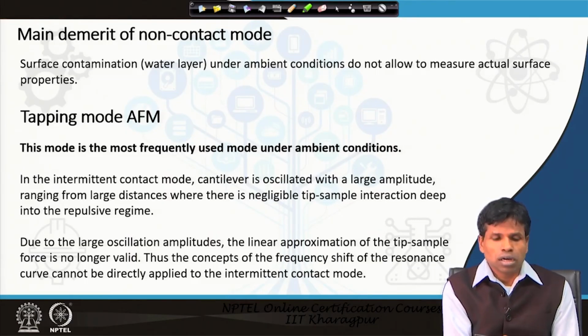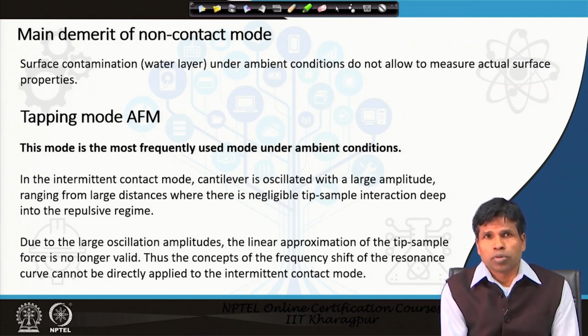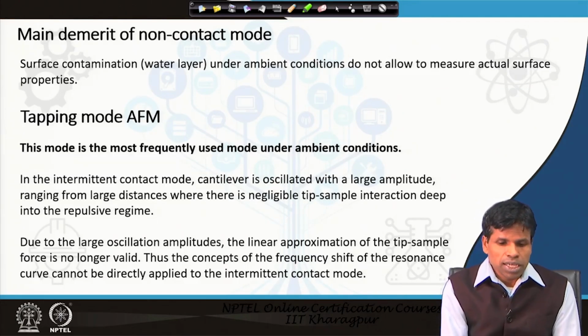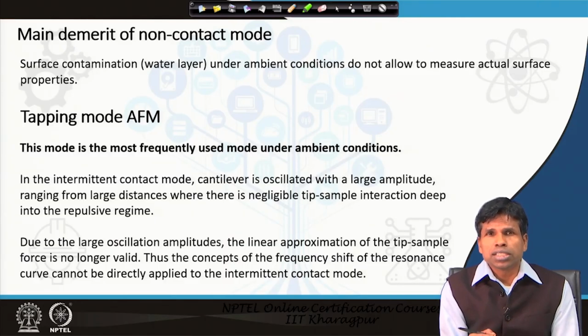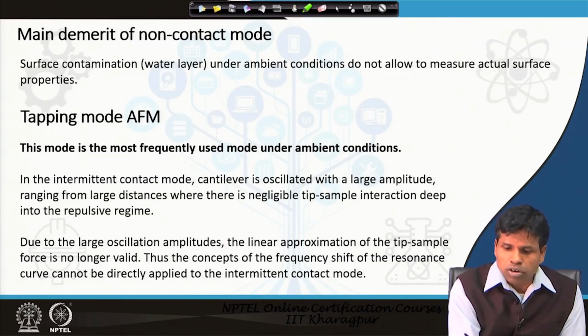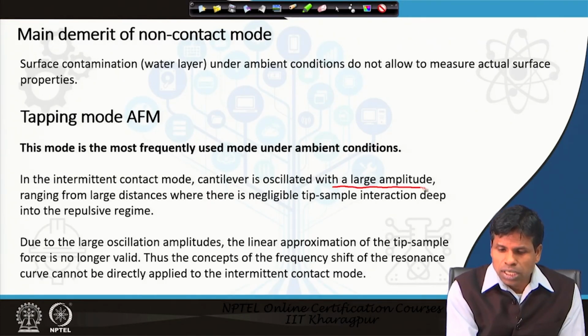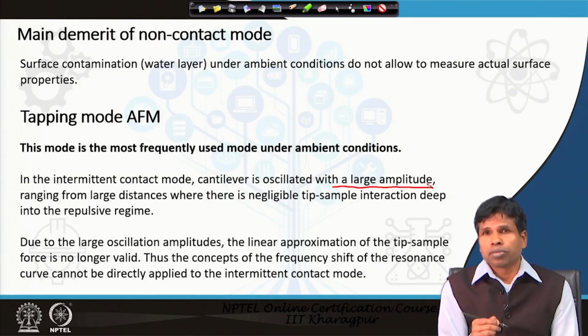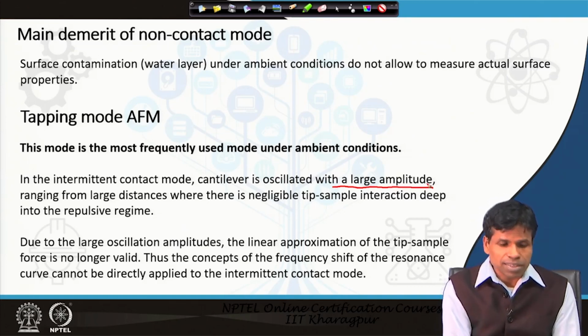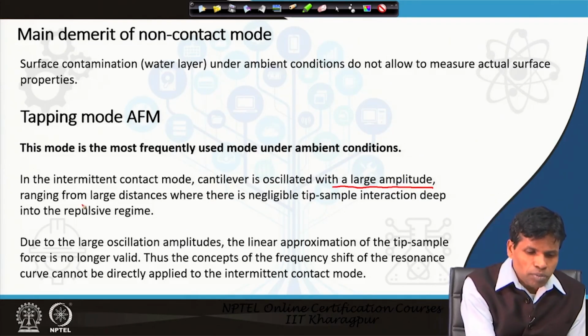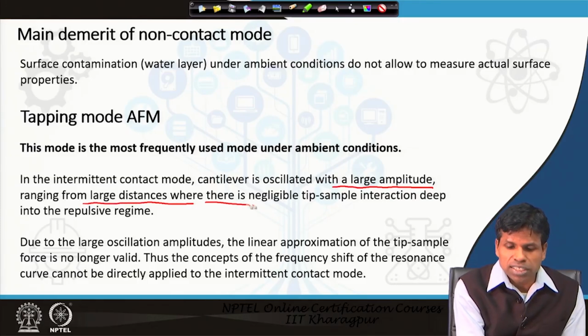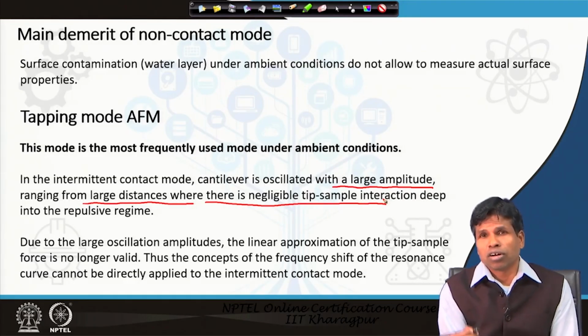So, intermittent contact mode is most suitable for a wide range of samples, and it is most commonly used. In this mode, the cantilever is oscillated with a large amplitude. Previously, in non-contact mode, it was oscillated with a small amplitude, but here it is oscillating with a large amplitude, ranging from a large distance where there is negligible tip-sample interaction or no interaction.